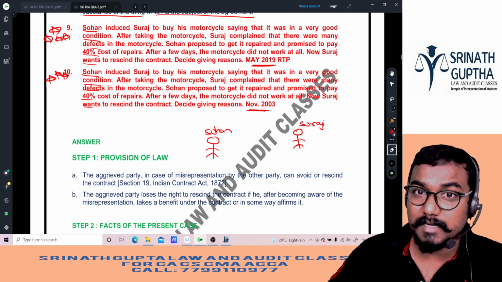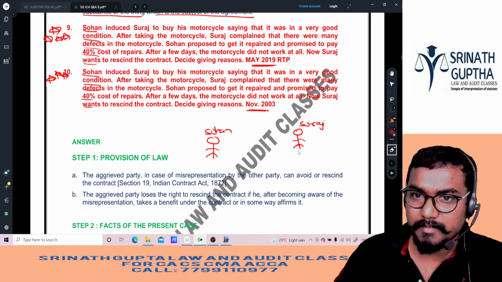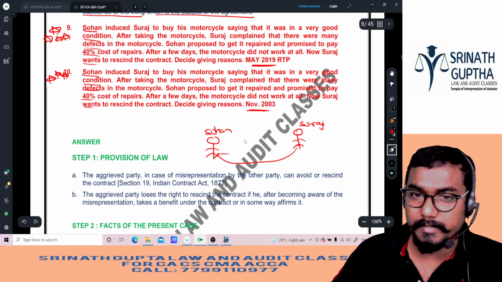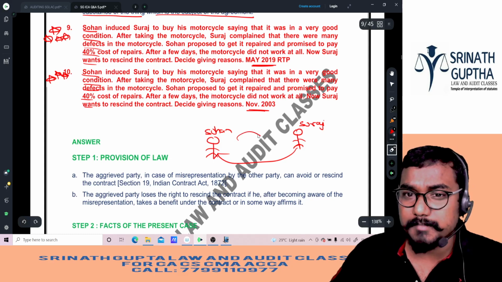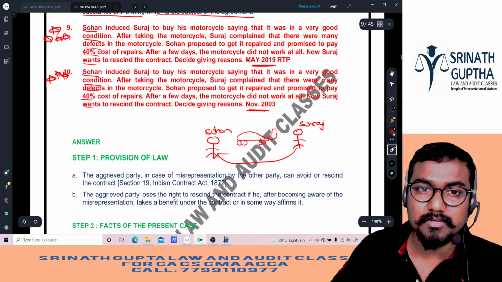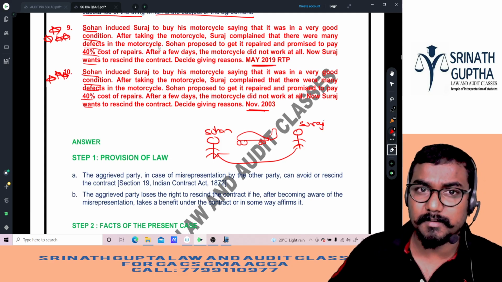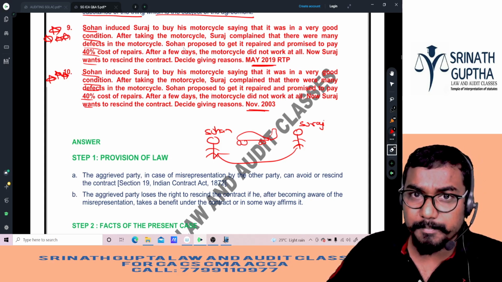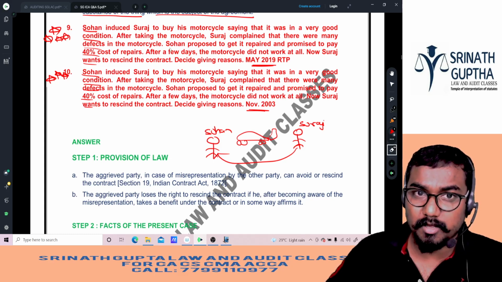After taking the motorcycle, Suraj complained that there were many defects in the motorcycle. Then Suraj said, my dear Sohan, there are so many problems in the motorcycle, right, beta? Sohan proposed to get it repaired and promised to pay 40% of the cost of repairs.